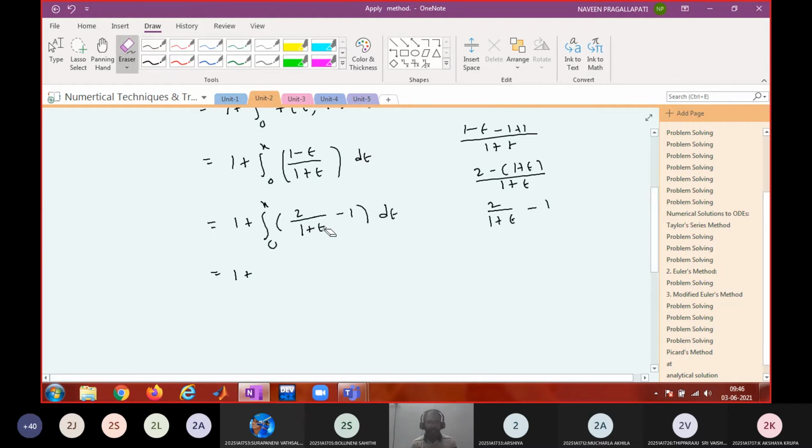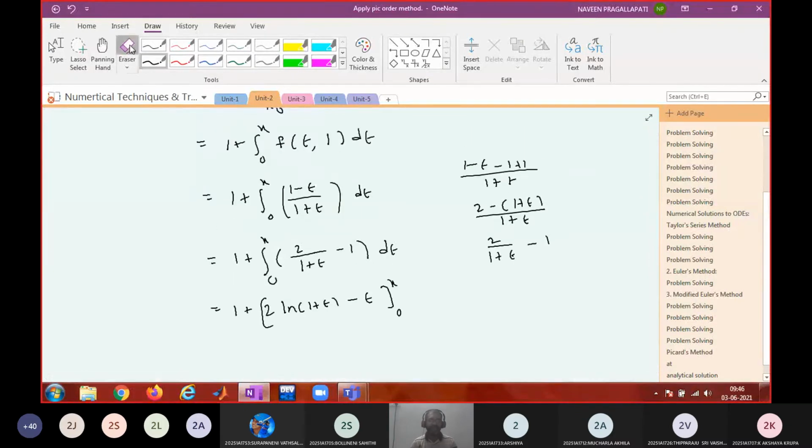Because you can see the t coefficient is 1 and the t power is also 1, it is going to be 2 times log of 1 plus t minus t, with the limits from 0 to x. Am I right or not? Yes, sir. So substitute the limits and simplify.